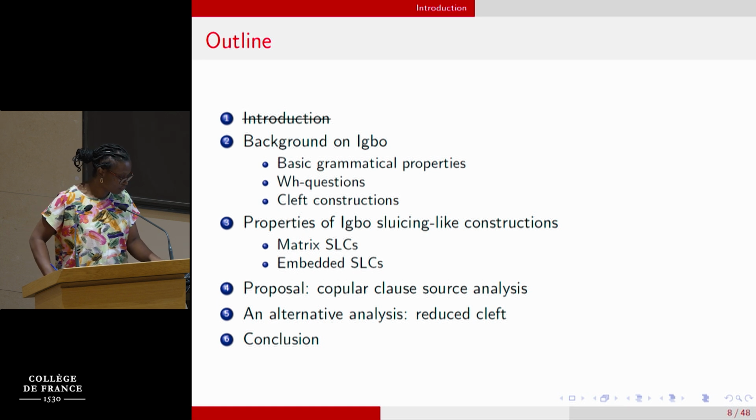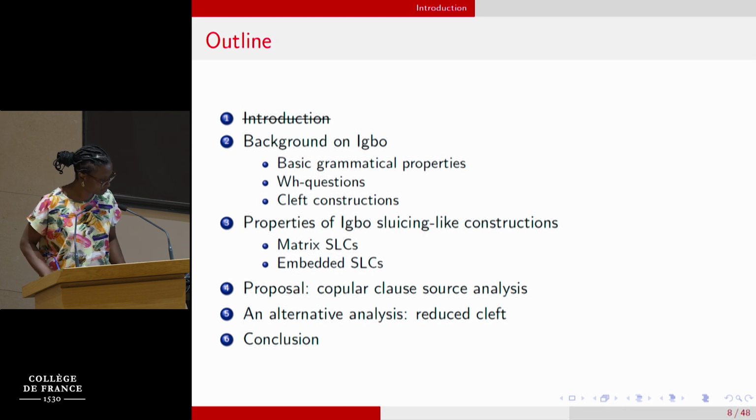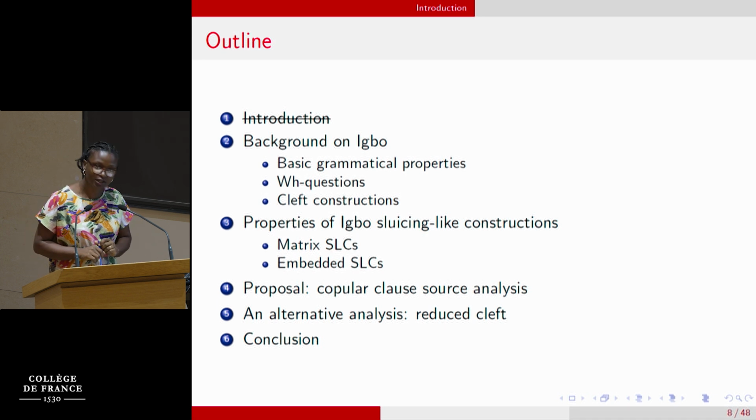So for the talk, I will start by looking briefly at general background on Igbo, what we consider the non-ellipsis cases of WH questions, as well as cleft constructions in the language. Then I'll move on to look at the basic properties of matrix sluicing and embedded sluicing.